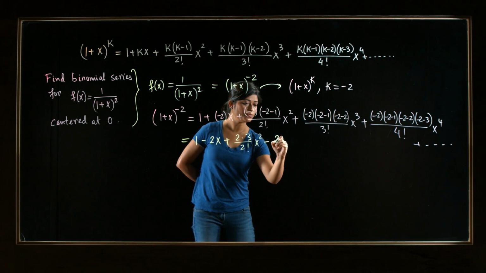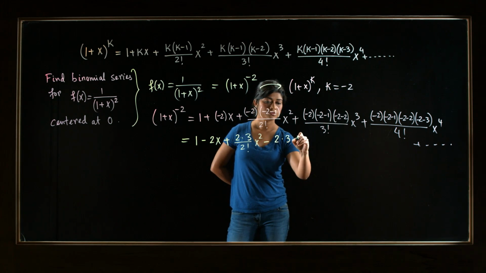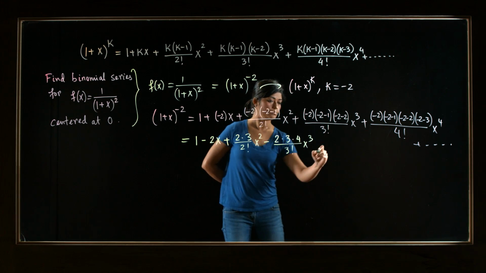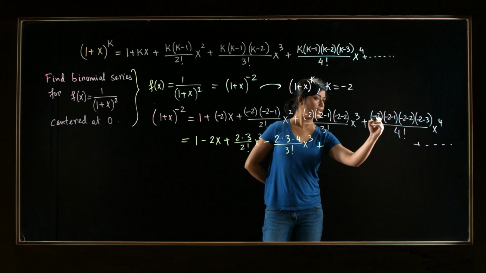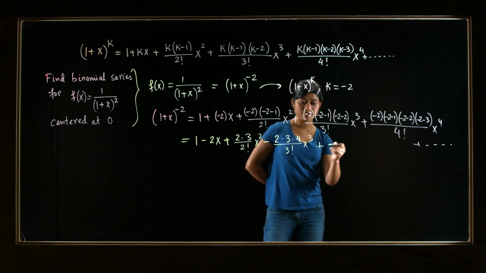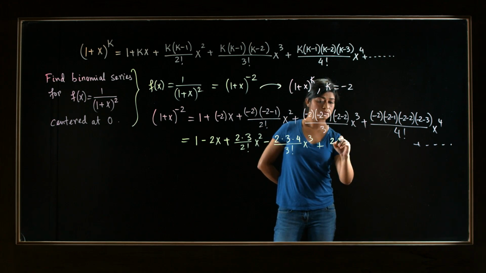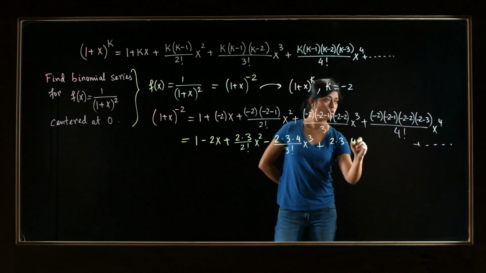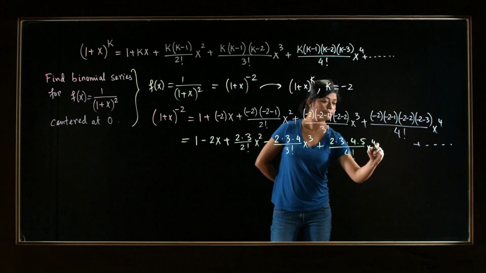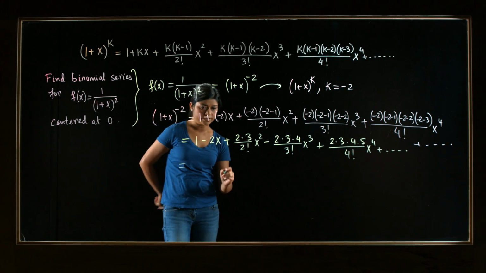The numerator will have 2 times 3 times 4 over 3 factorial, x cubed. Then again we will have 4 terms, so it will be positive, and then 2 times 3 times 4 times 5 over 4 factorial, x to the 4, and go on.